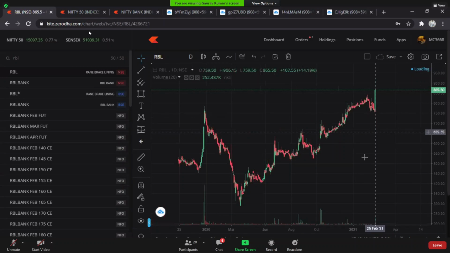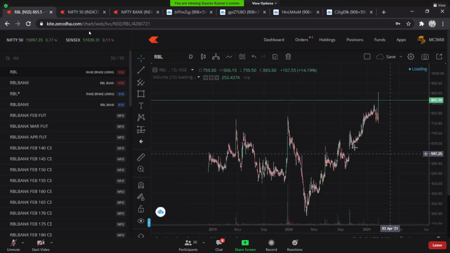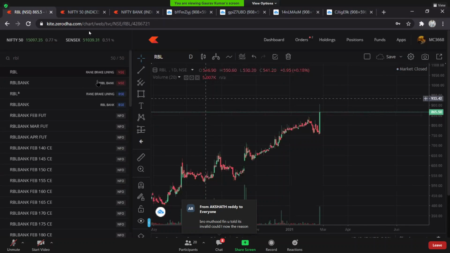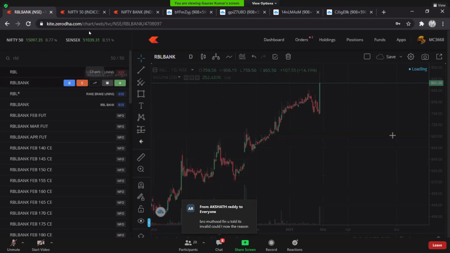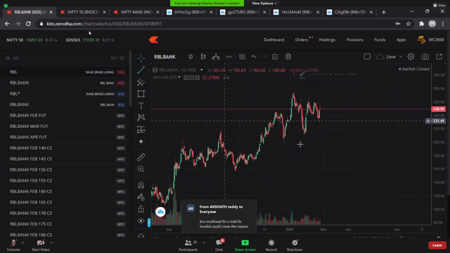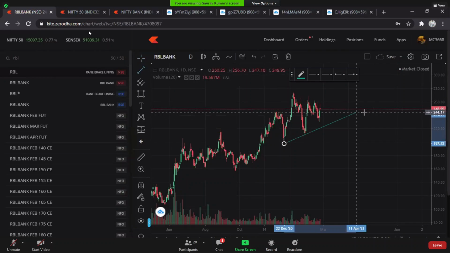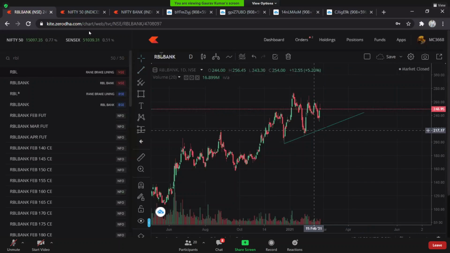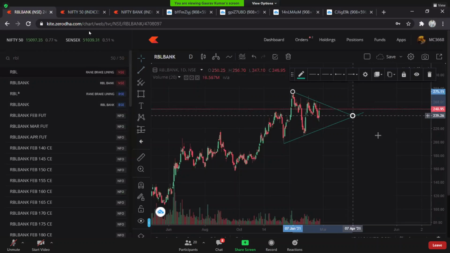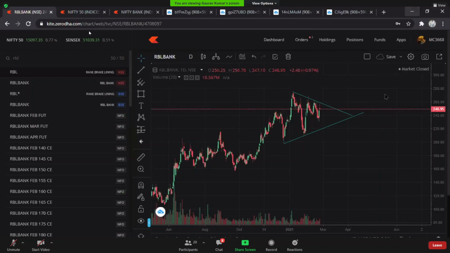If you want me to share that, I will share it for sure. RBL Bank. But you need to promise that you won't tell Saurav sir about that. I'm sharing that chart. Okay, just keep this secret.